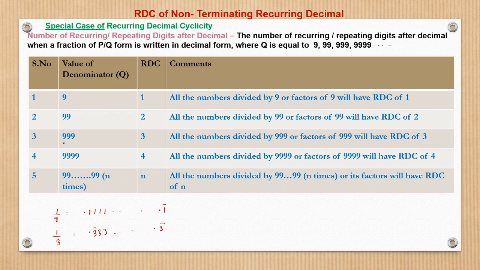When the denominator has 999, it has an RDC of 3. And it's not only that 999 will have an RDC of 3, even the factors of 999, like 111 or 37, will also have an RDC of 3. This we will see. In a similar pattern, if there are n nines in the denominator, the RDC of that fraction will be n. So this is a generic rule.